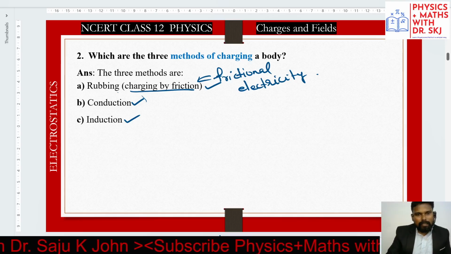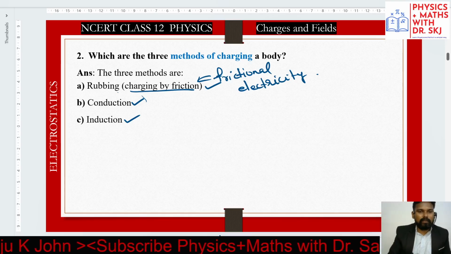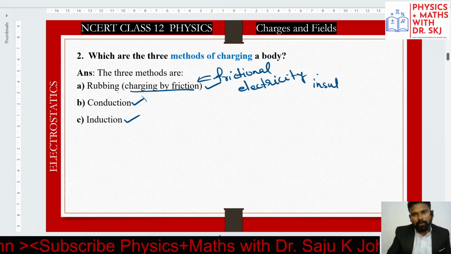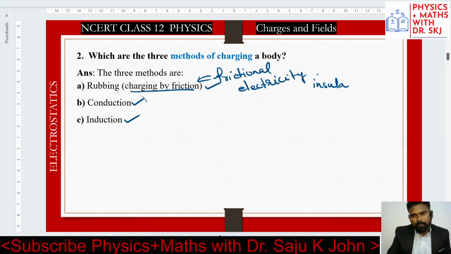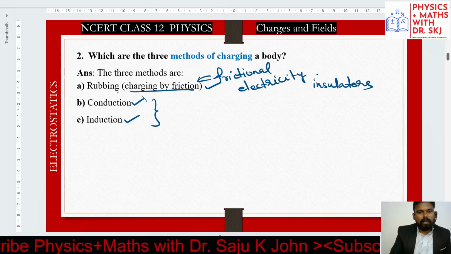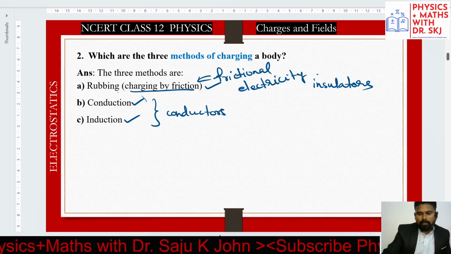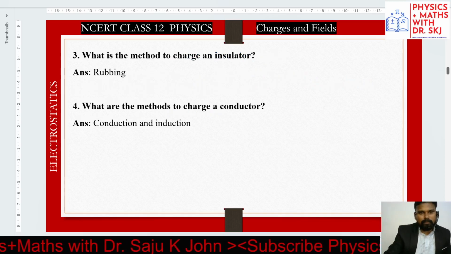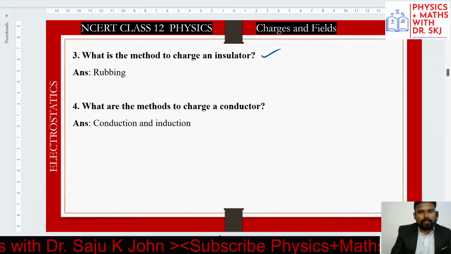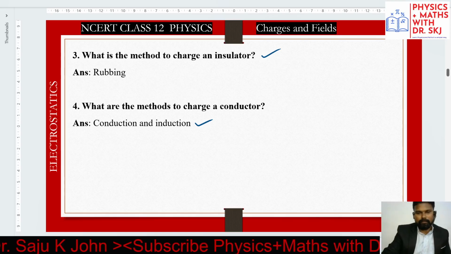The first method is meant for insulators, and the other two methods are for conductors. So rubbing or frictional electricity is for insulators, and the other two methods are used to charge conductors.